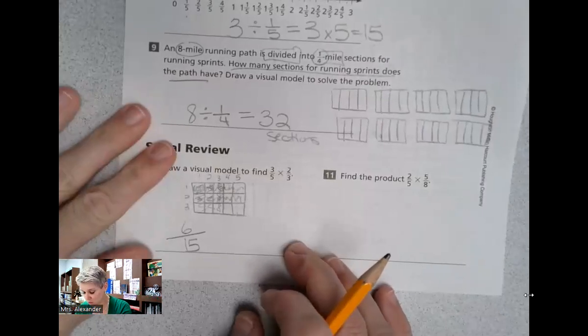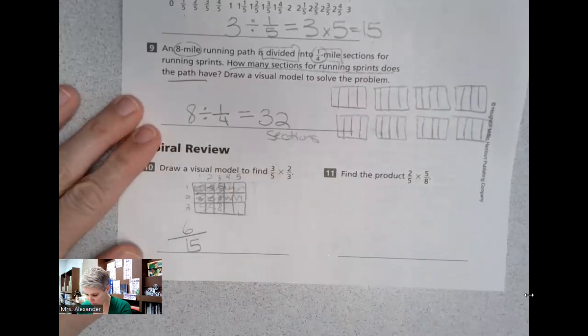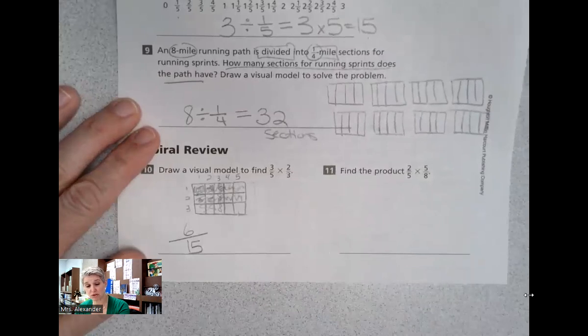That can be simplified, of course. I can check: 3 times 2 is 6, 5 times 3 is 15. So that is one way to show that model. There are other ways. Did you do it the same way?